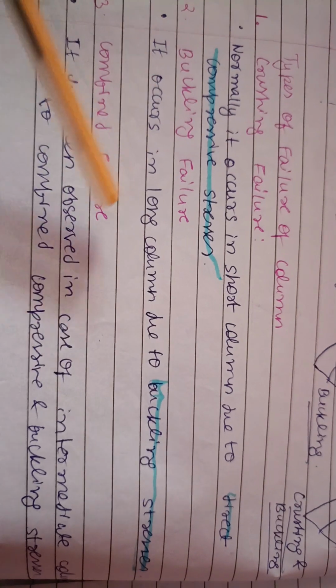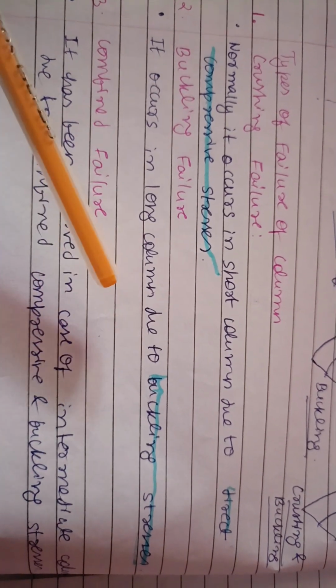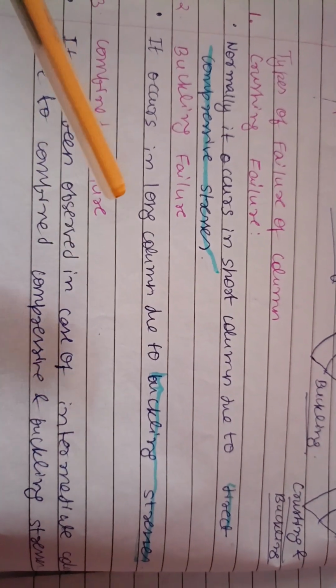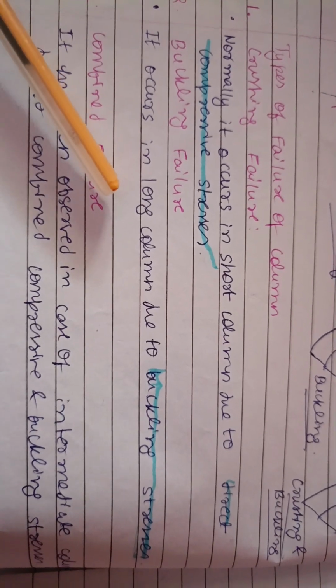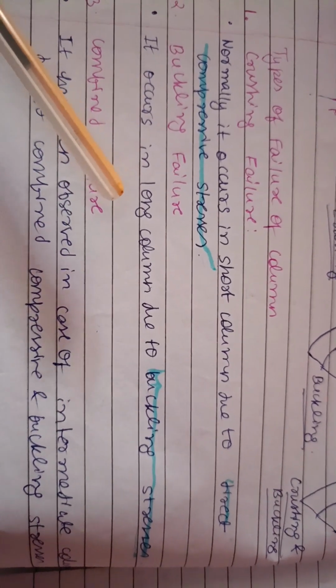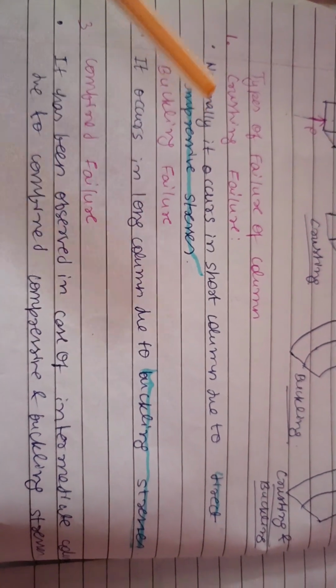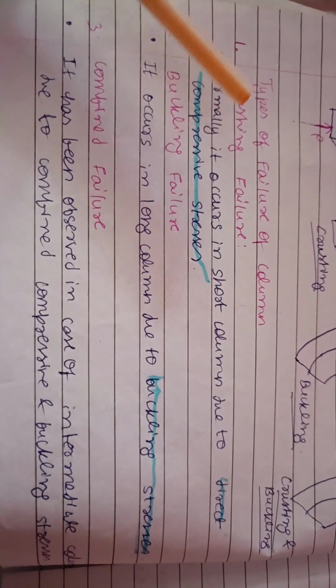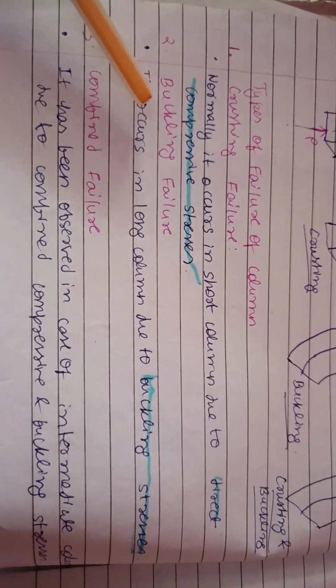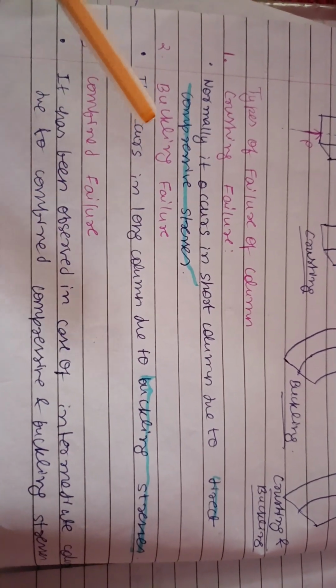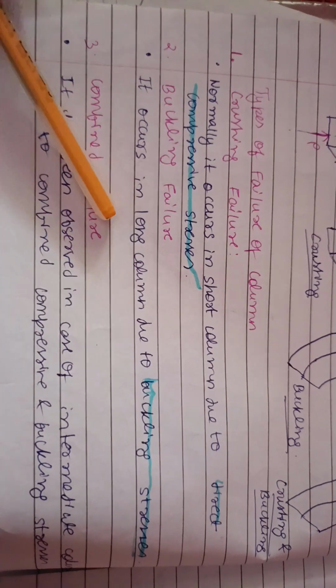The main point to remember is that buckling occurs due to buckling stresses within a long column, not in a short column. Within short columns crushing failure occurs, and buckling failure occurs within long columns.